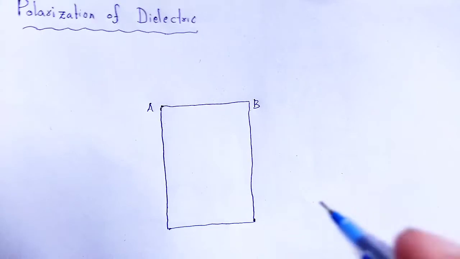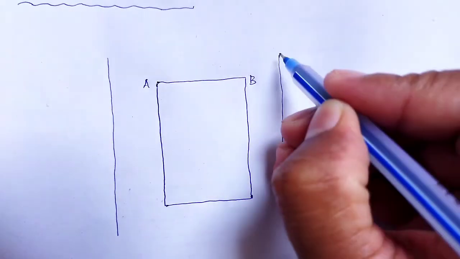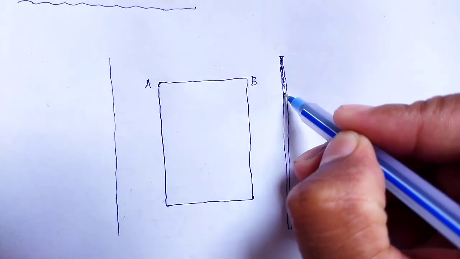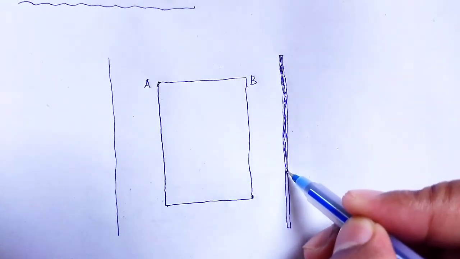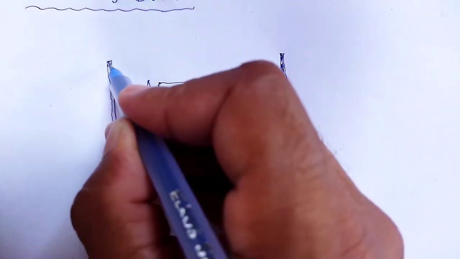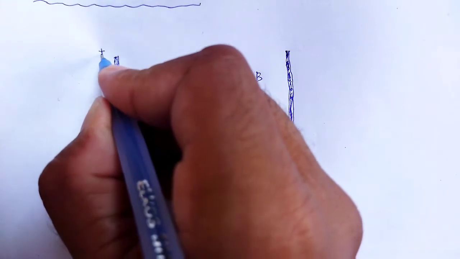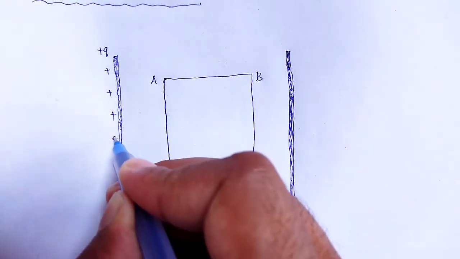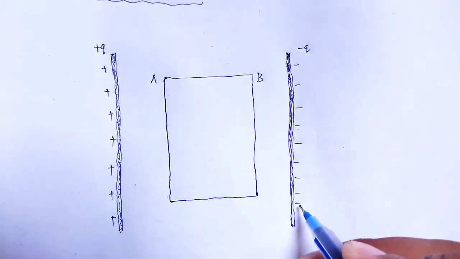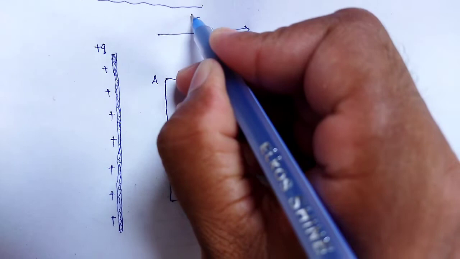So, here we take a charged parallel plate capacitor, two plates of a charged parallel plate capacitor, with charge plus q on the positive plate and minus q on the negative plate, placed in an external electric field.